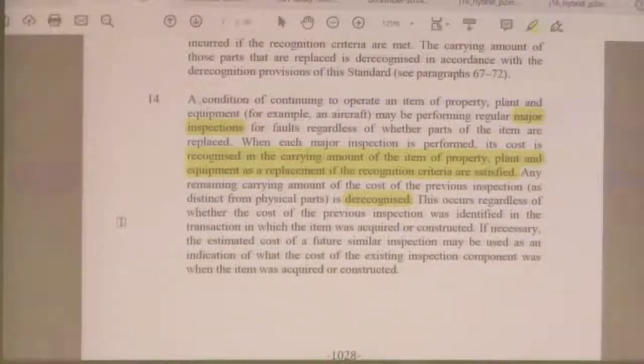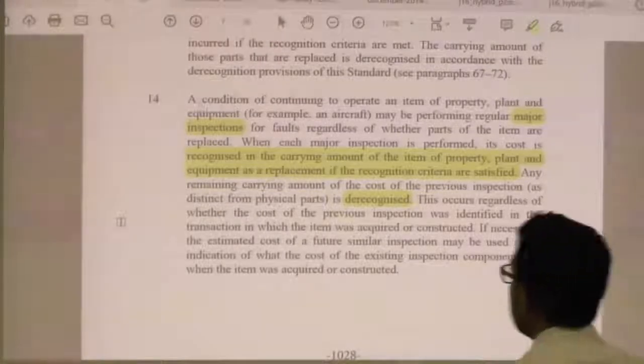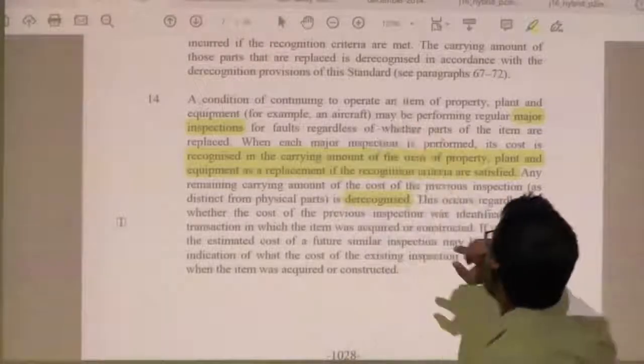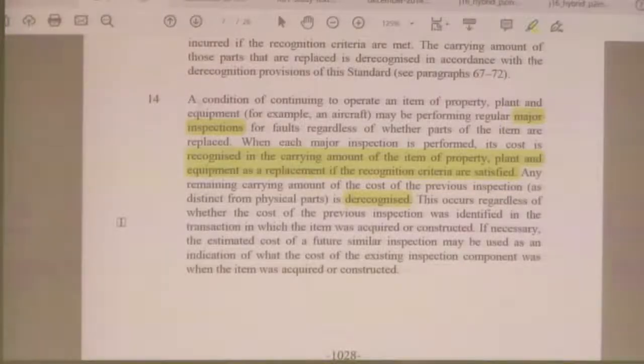This explains what? Again they are talking about subsequent expenses, right? What kind of subsequent expenses? A condition of continuing to operate property, plant and equipment. When you continue to use your property, plant and equipment in your day-to-day operations, you may be required to perform regular major inspections.